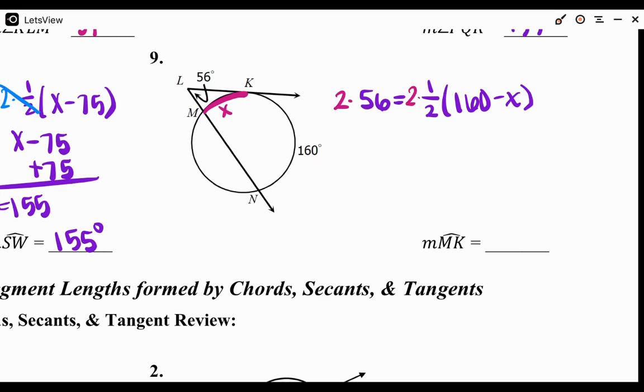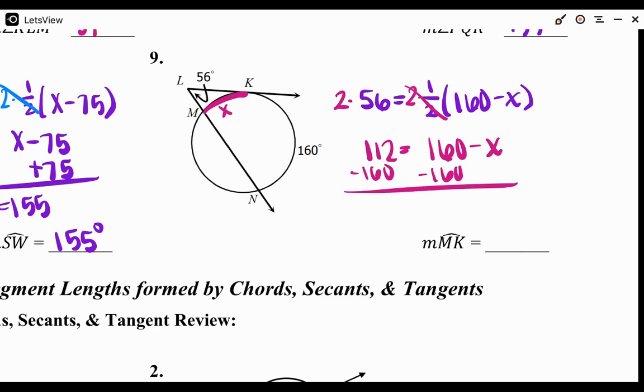We're going to multiply by 2 on both sides. So the 1/2 and 2 cancel each other out. So we are left with 112 equal to 160 minus x. So we can minus 112 from both sides. Oh, sorry. Minus 160 from both sides.